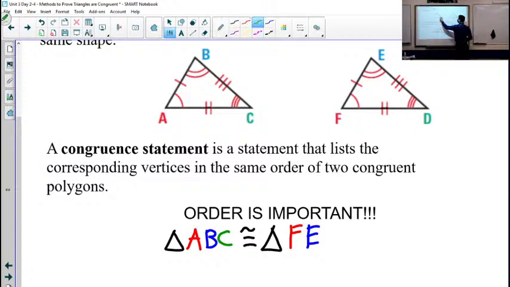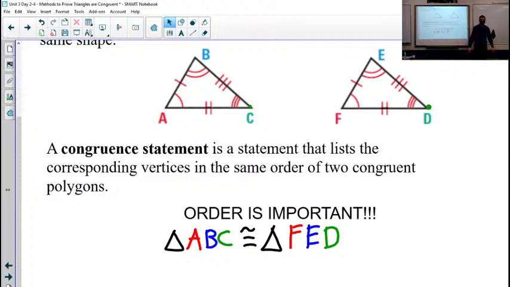And then the last one, C here, point C matches up and transfers over to point D on the other triangle. So C needs to match up with D. The second triangle has to be written in this order: F, E, D. F, then E, then D. Any other order, and it's wrong. It's mixed up.